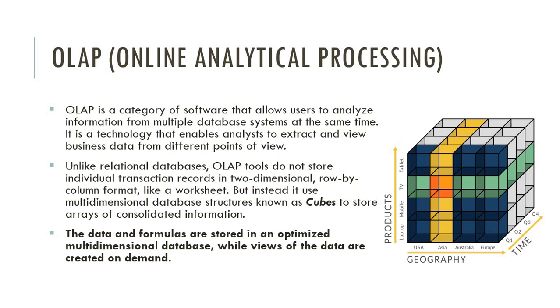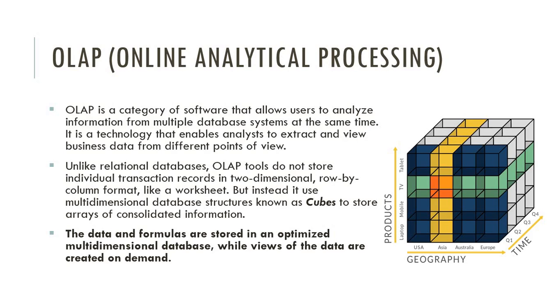So based on that, we can say that OLAP is also a multidimensional data cube which stores the data in the multidimensional form. Here the use of OLAP is analysis. So we can compare the OLAP with the data warehouse. OLAP is a category of software that allows users to analyze information from multiple database systems at the same time.